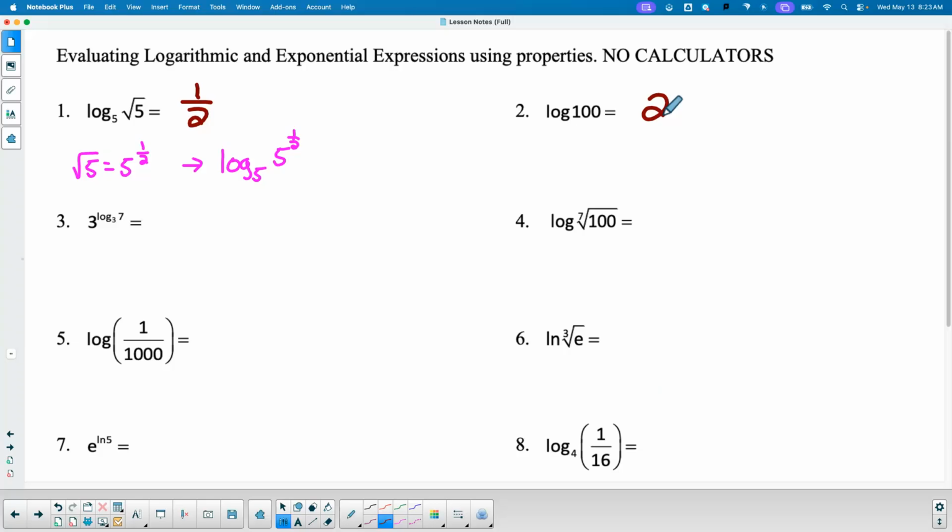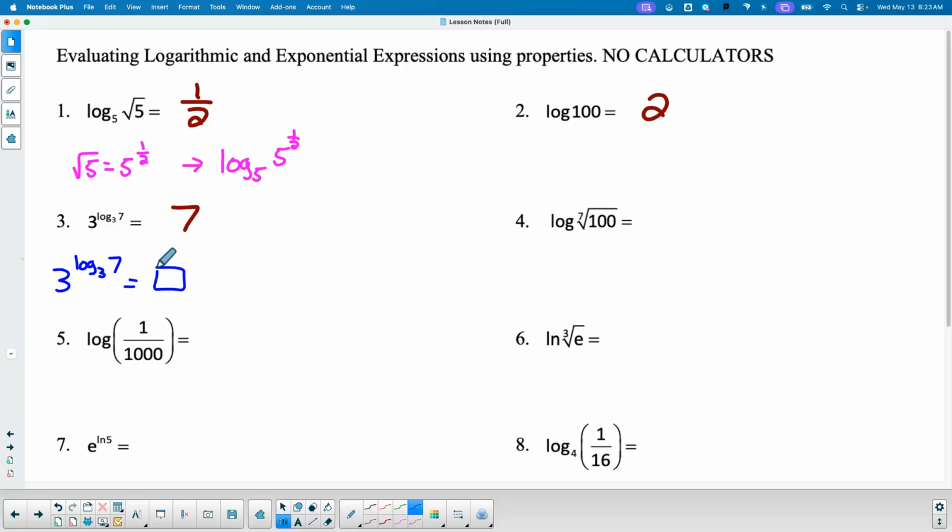Give me another one. The third one is 7. Here's why. If you think about it, you've got 3 to the log base 3 of 7 equals, I'm just going to say some box, anything. That's in which form? Is that exponential or is that logarithmic form? That's exponential form.